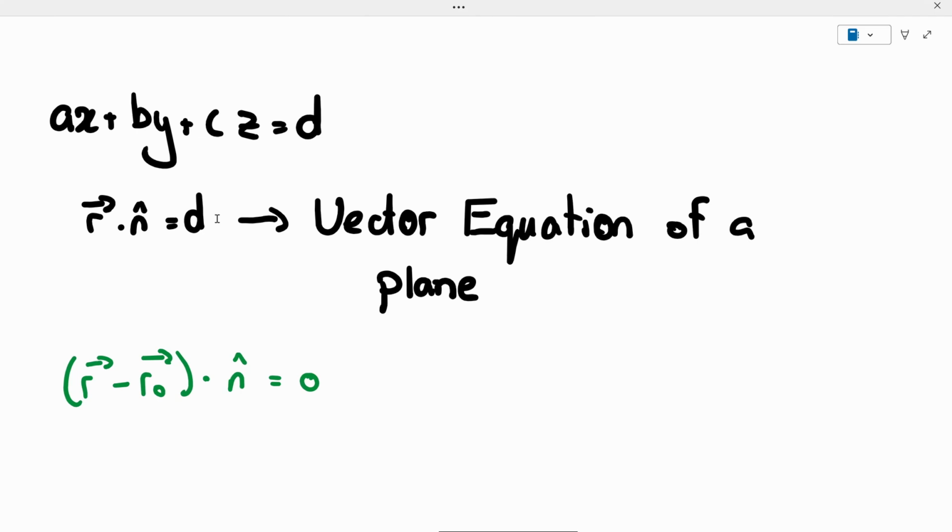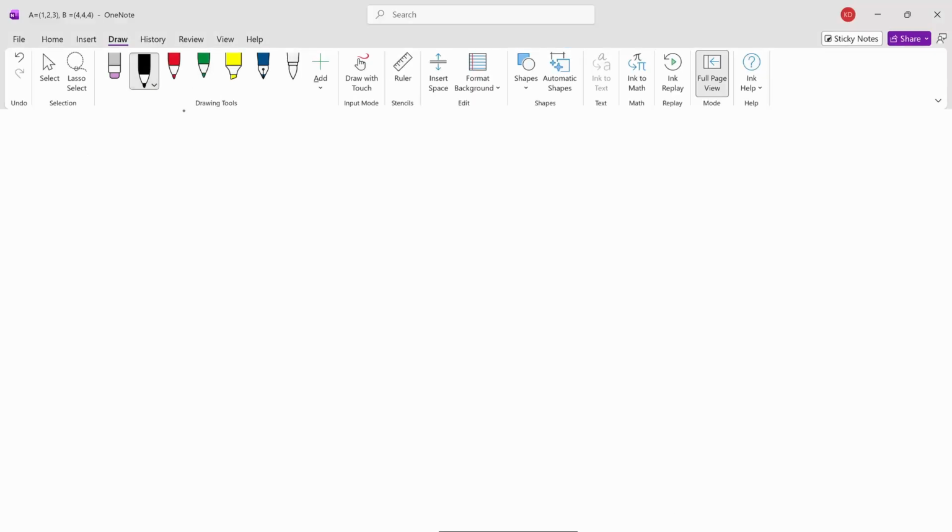So let's try a quick example. On the plane, I have the point 3, 5, minus 2.